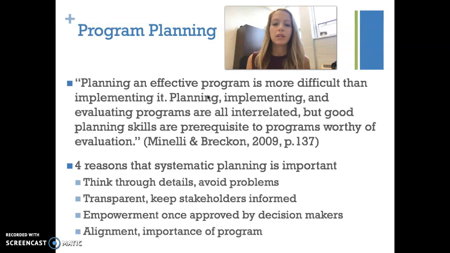It gives empowerment once it's approved by decision makers, who are the ones that make the deciding factors for these programs. And then alignment: it allows the program planning, the implementation, and the evaluation to all line up to give a seamless program.